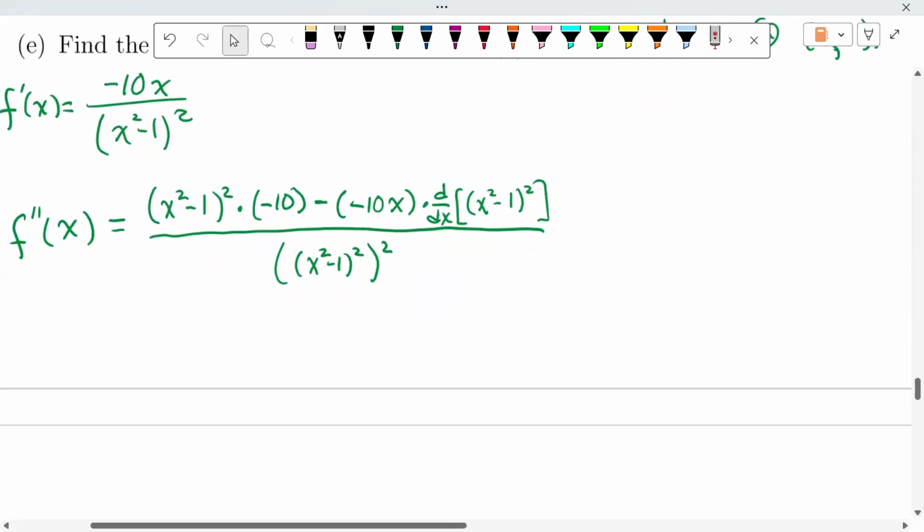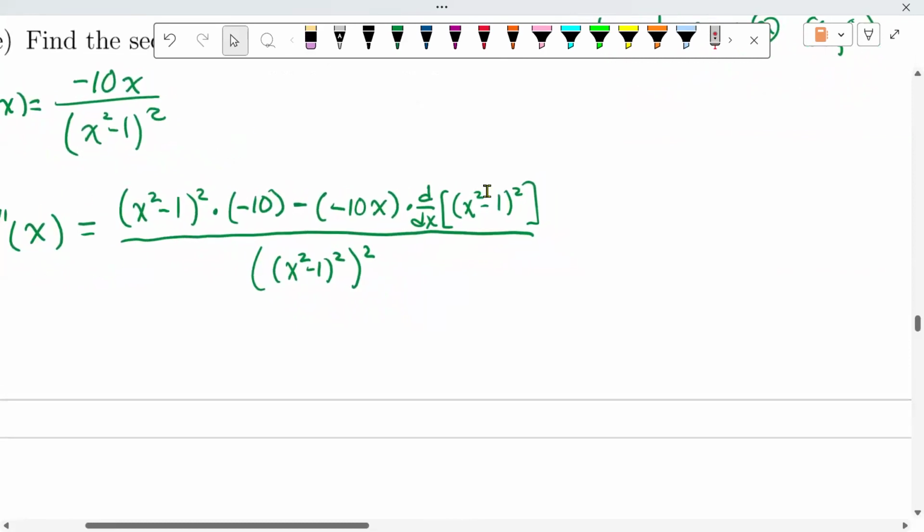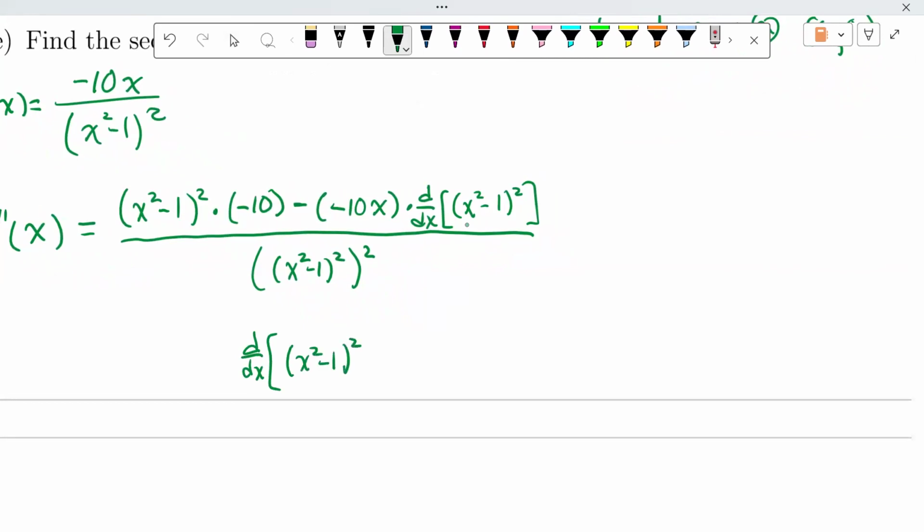All right, now, having done that, let's figure out what is the derivative of x squared minus 1 squared? X squared to the 2x? No, it times 2x, yes.